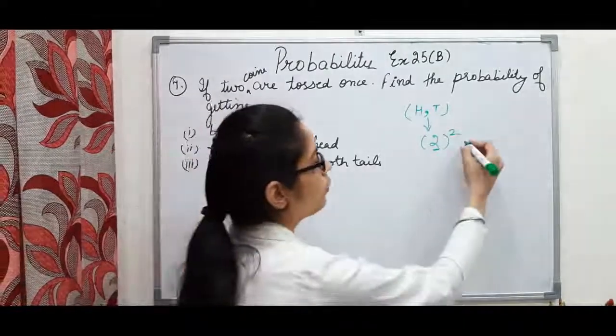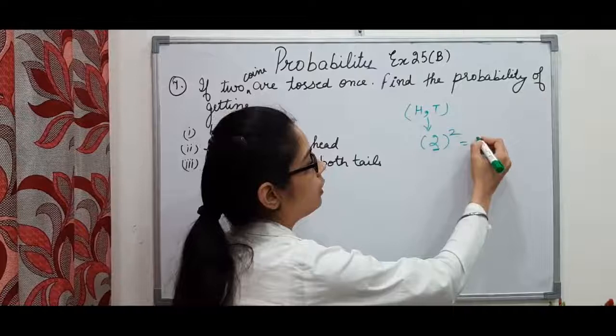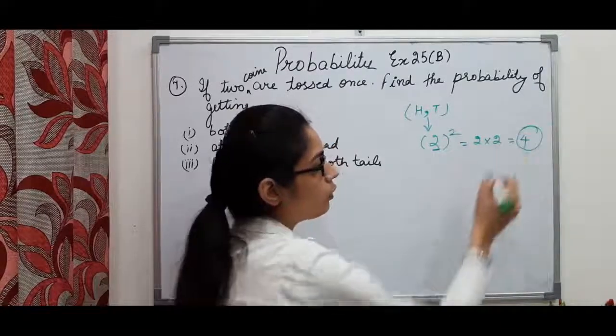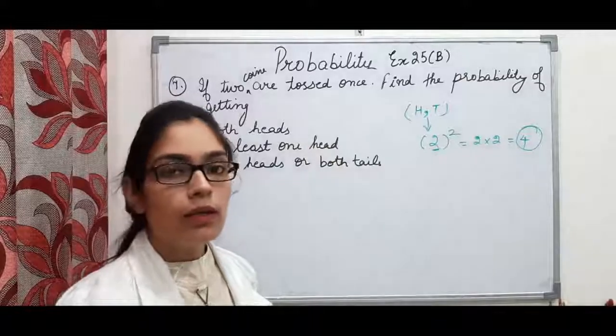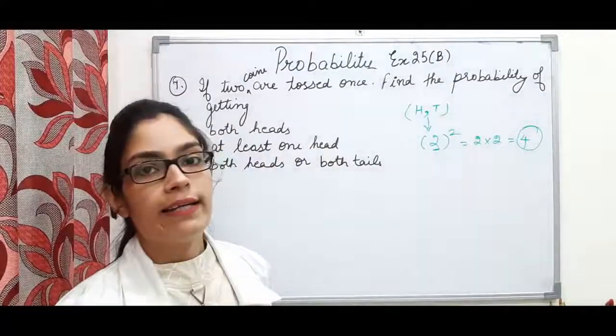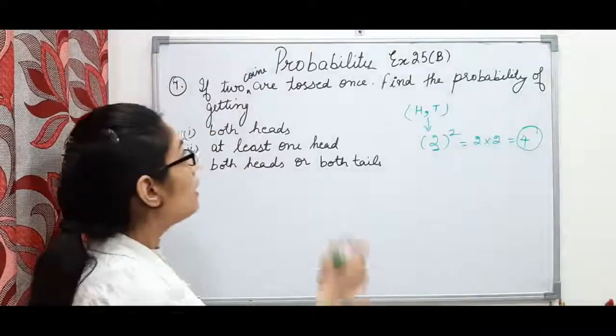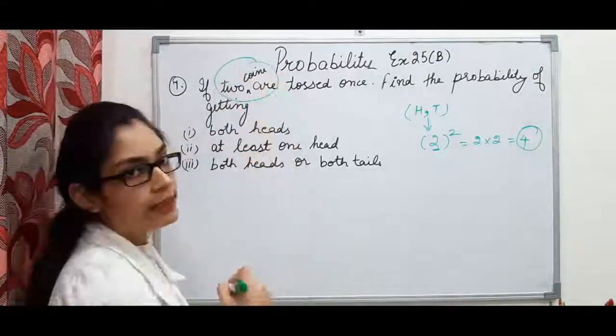So 2 to the power 2 means 2 into 2, and this is 4. So this 4 is now the total number of possible outcomes, or the total number of elementary events, if the coin is tossed twice.